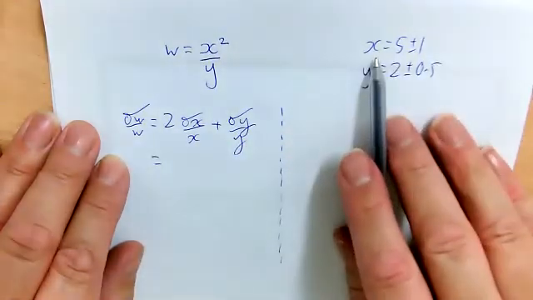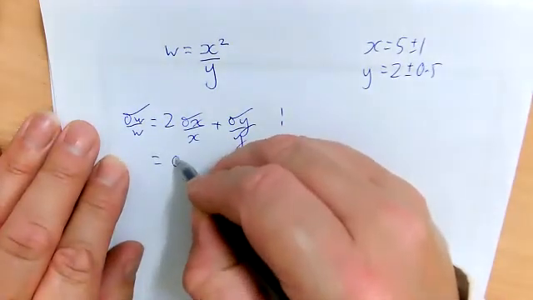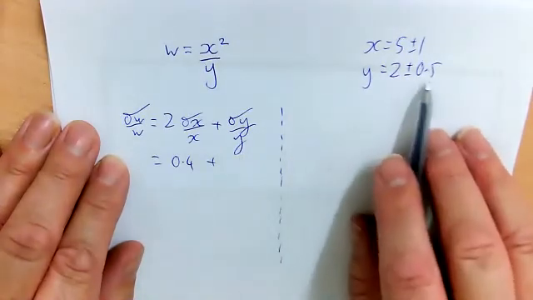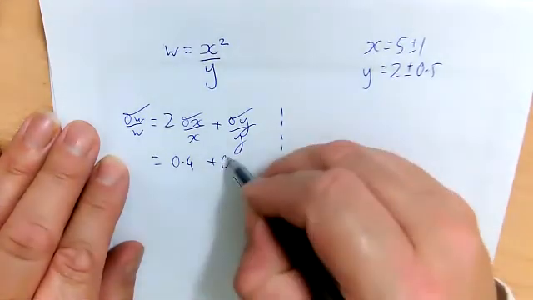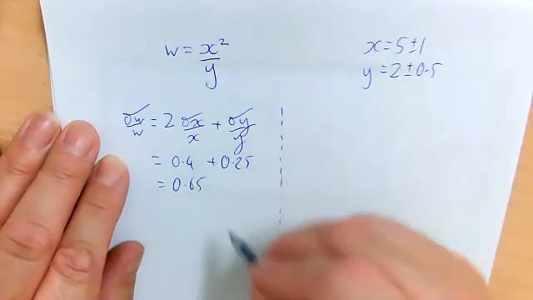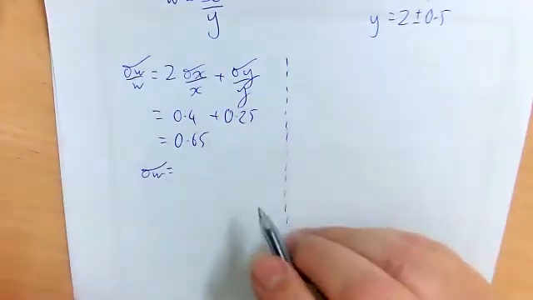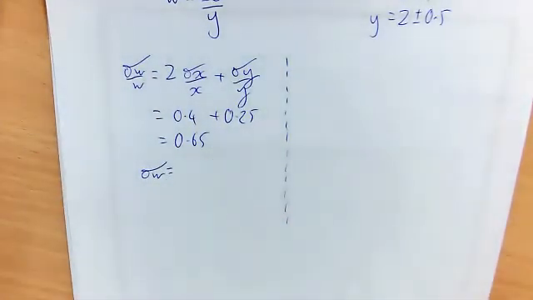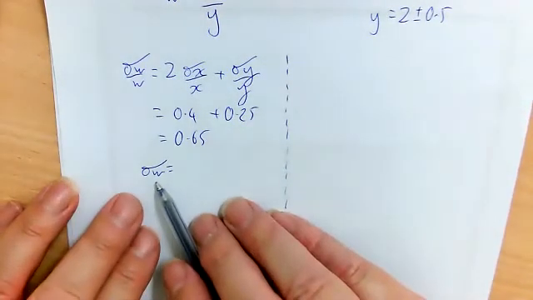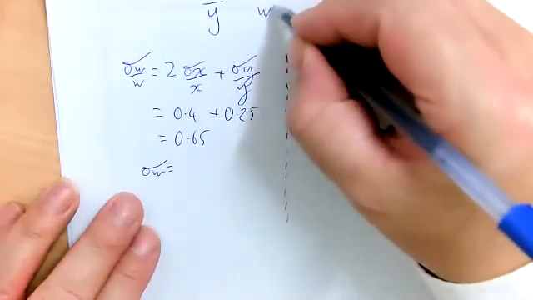So the percentage uncertainty in X is 1 over 5, which is 0.2, times 2 is 0.4. The percentage uncertainty in Y is 0.5 over 2, which is 0.25. So in other words, it's 0.65, 65%. So the uncertainty in W is going to be 65% of whatever W is. Let's work it out quickly.